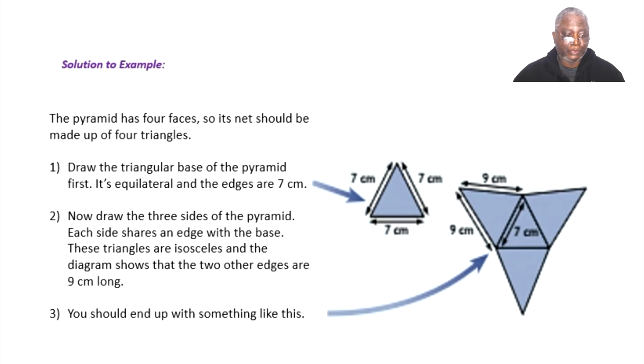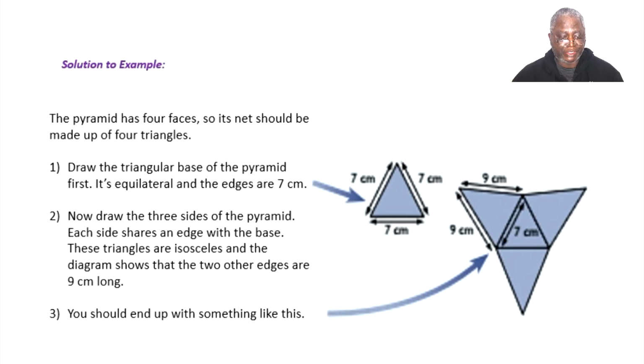Let's go through it. The pyramid has 4 faces, so its net should be made up of 4 triangles. Draw the triangular base of the pyramid first. It's equilateral and the edges are 7 centimeters, all 3 edges. Now draw the 3 sides of the pyramid.